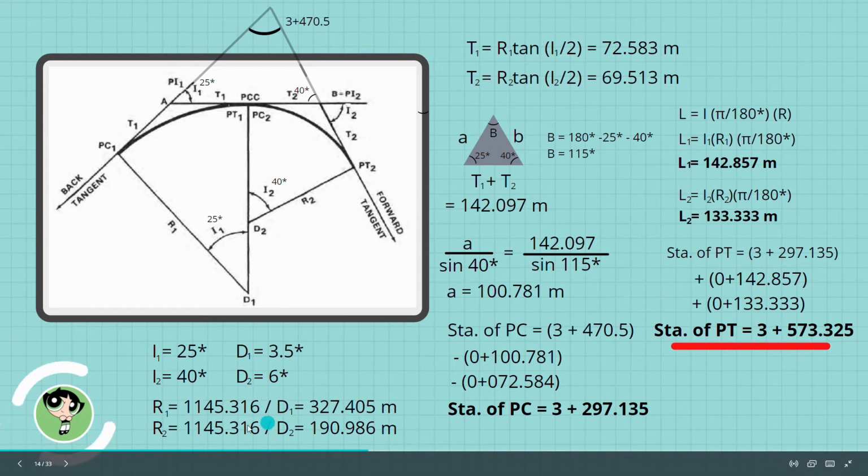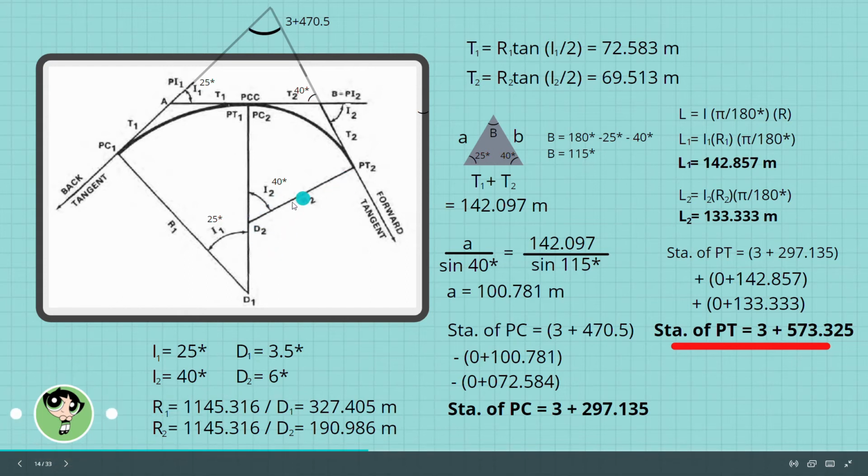We just have to plug in the given values. R1 is equal to 1,145.316 over our D1, which is 3.5. Plugging it into the calculator, we get a value of 327.405 meters.